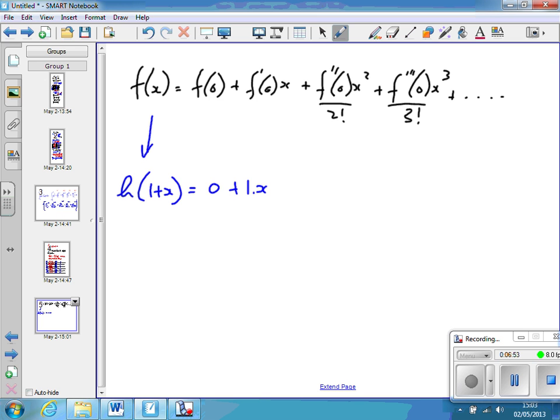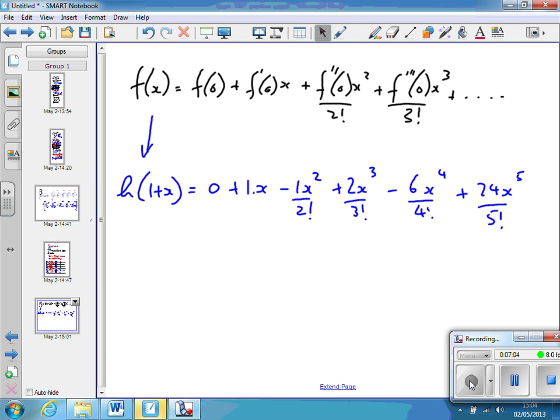The next was minus 1, so that's minus 1 times x squared over 2 factorial, and so on. The rest of the terms, 2x cubed over 3 factorial, minus 6x to the 4 over 4 factorial, plus 24x to the 5 over 5 factorial.